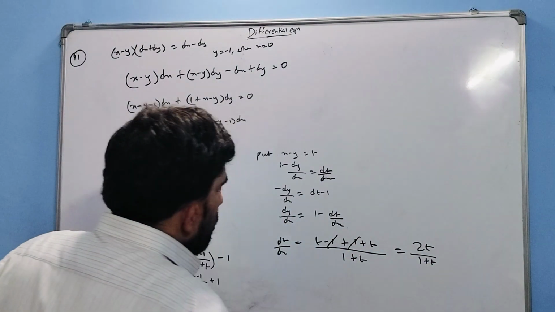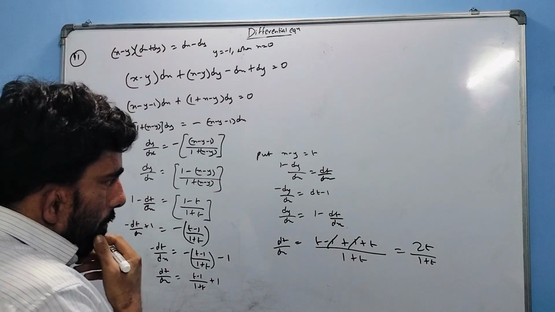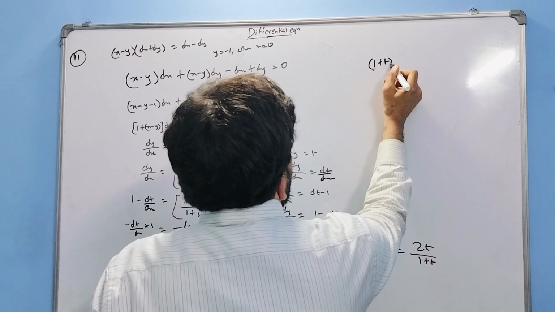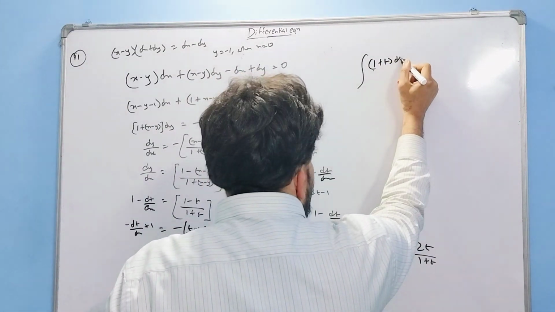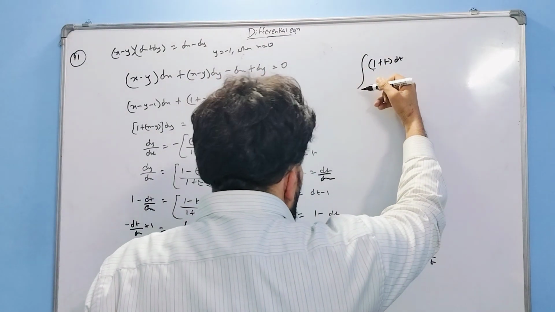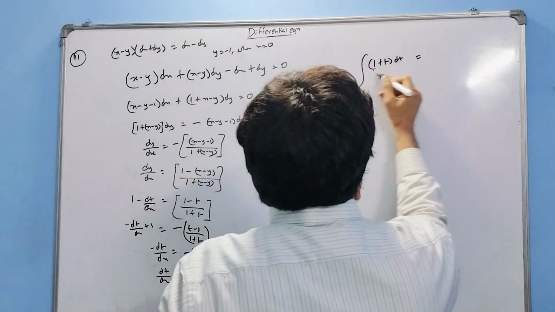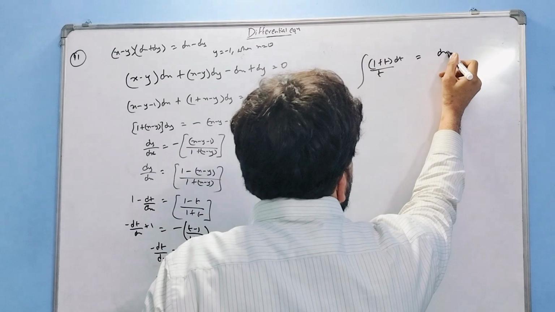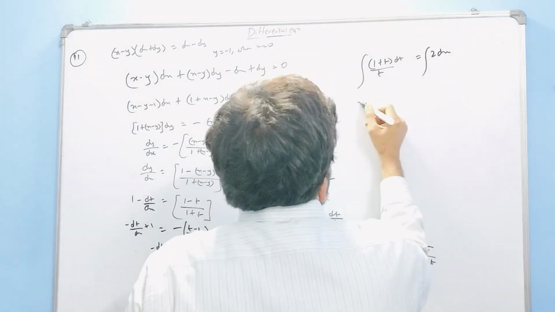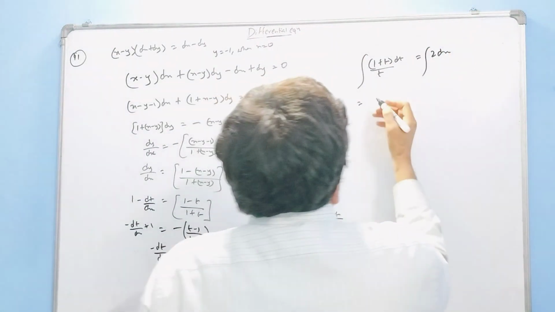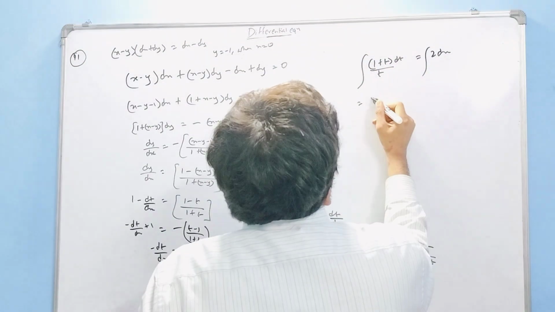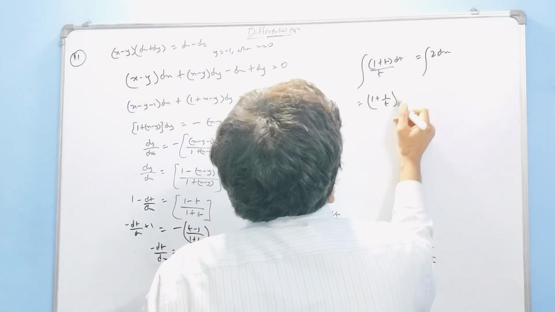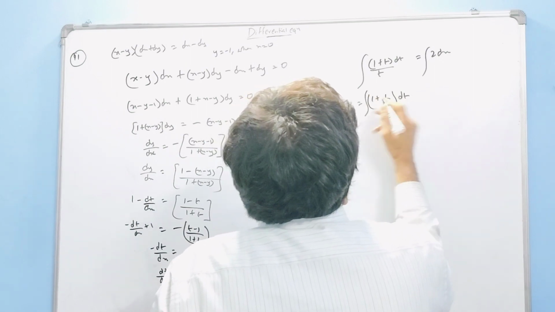So now what we can do here is take that side common, 1 plus t, integrate it with dt, and take also here upon t. Okay, so here we'll have 2 dx. So now we know that we can sort it out like this, that is 1 plus 1 upon t, dt is there, is equal to 2 dx.